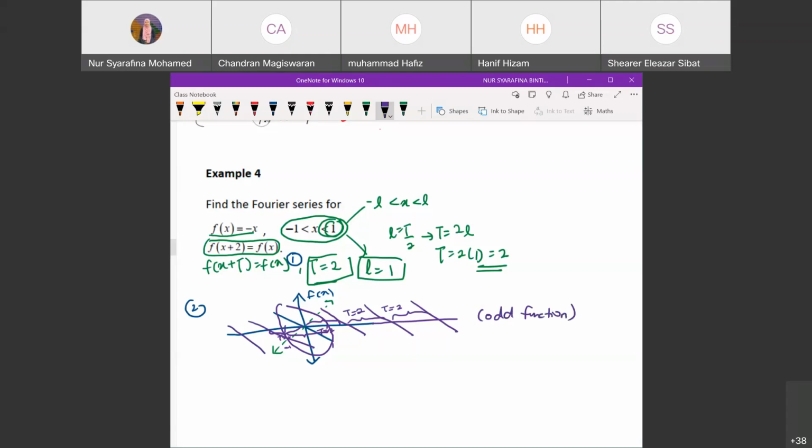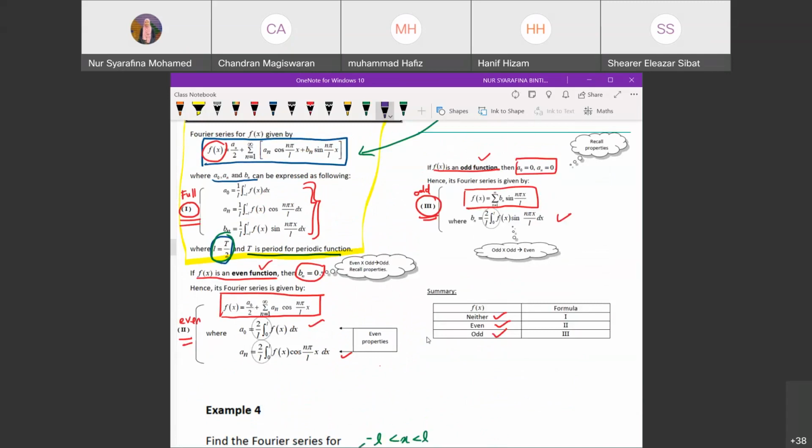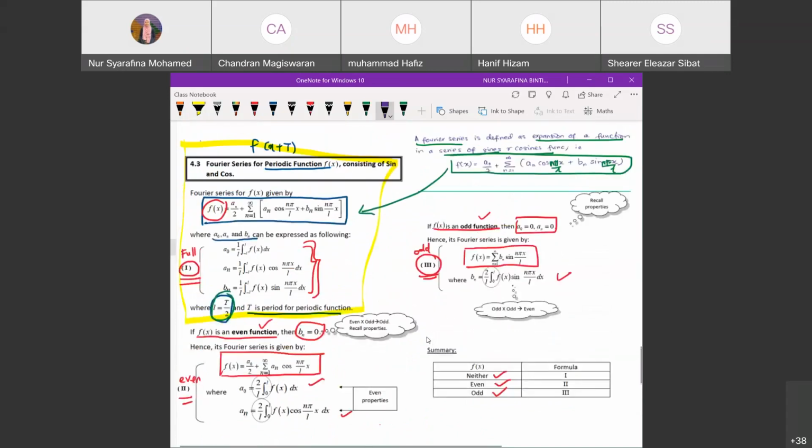Okay? So we have done with finding L and t and identify odd function. Now you know that this is odd. Then you can decide which case of this Fourier series the function is odd. So formula 1, 2, or 3 by using this one.